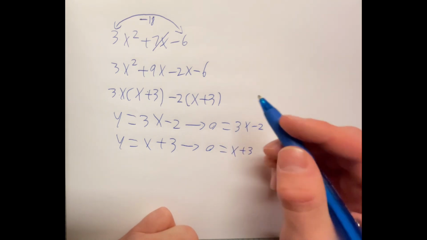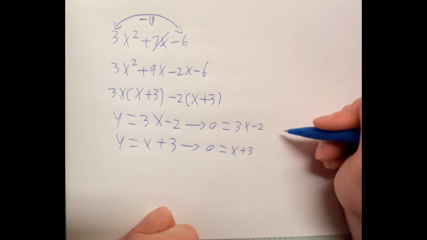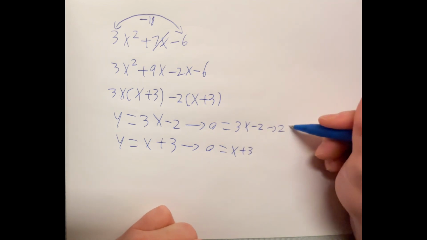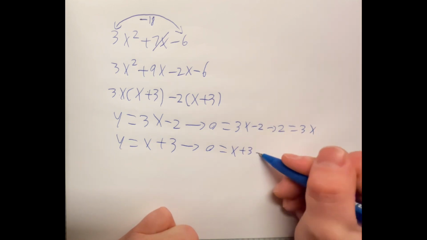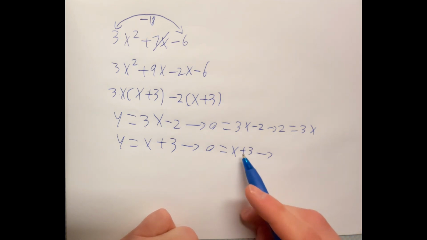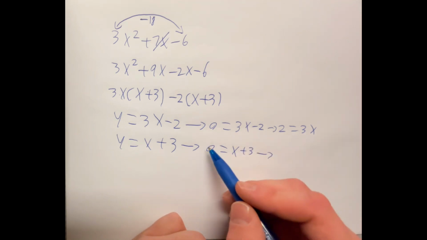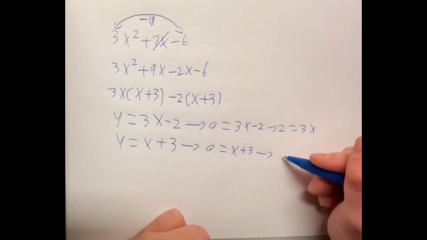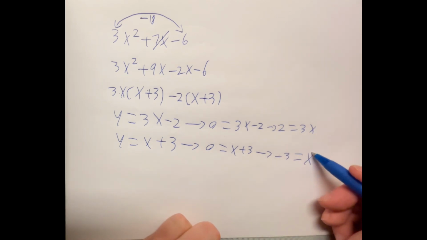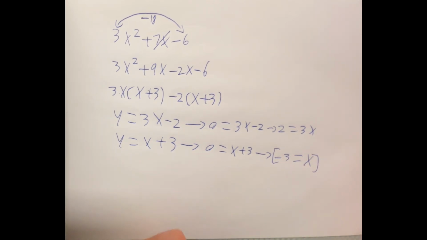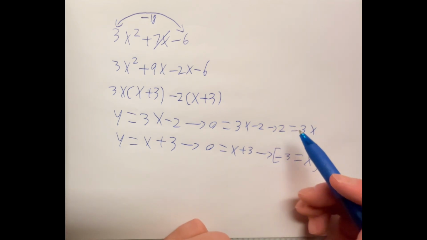First, we bring our negative 2 over, and when you bring a constant to the other side, it becomes positive. So this negative 2 turns into 2. Now we do the same for our next equation. We bring the 3 to the other side to get x by itself, which would be negative 3. So negative 3 equals x, and we already have our first x-intercept. But we still have to solve for a second x-intercept. So we have 2 equals 3x.